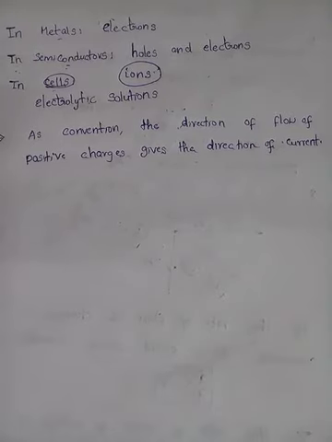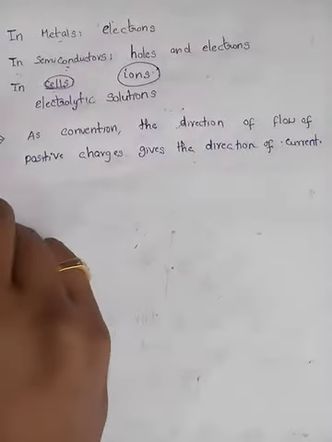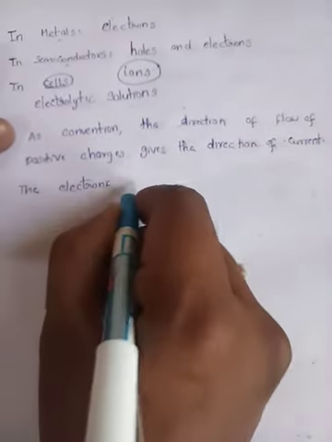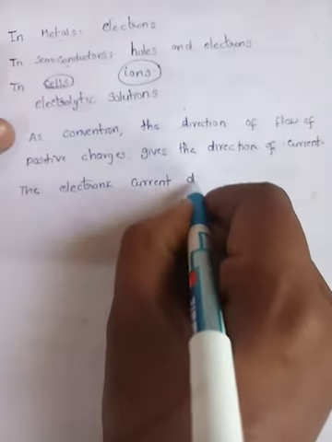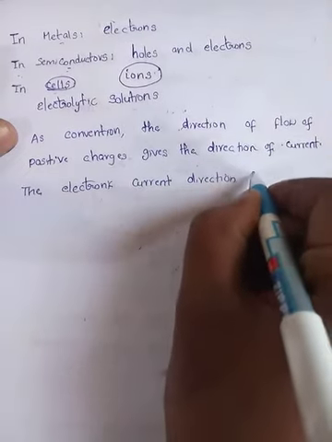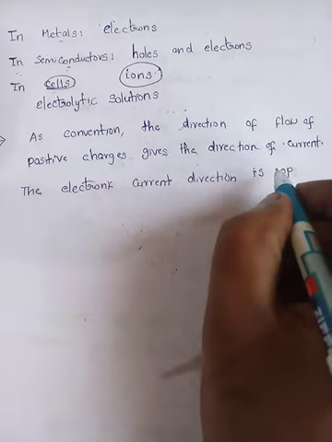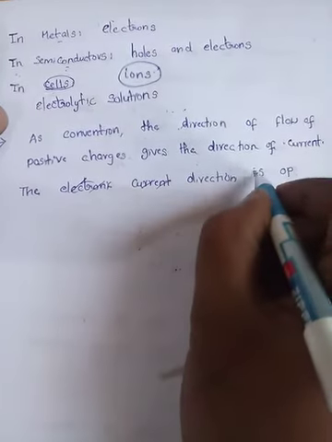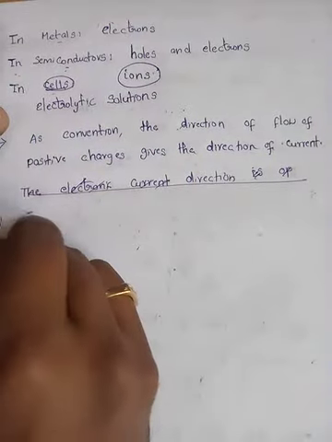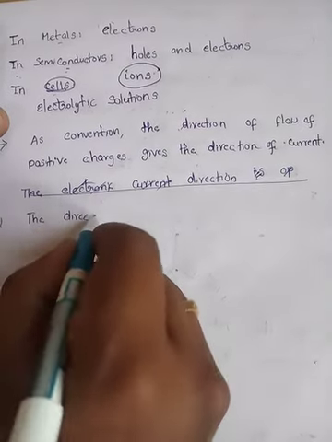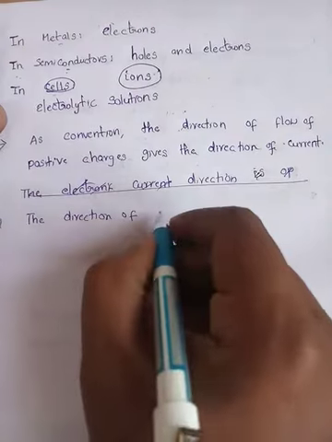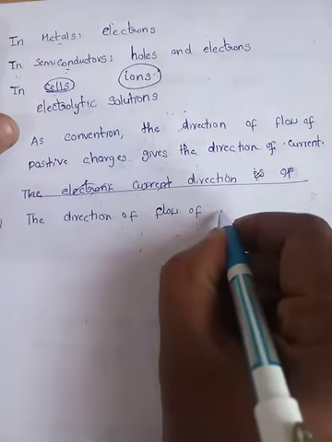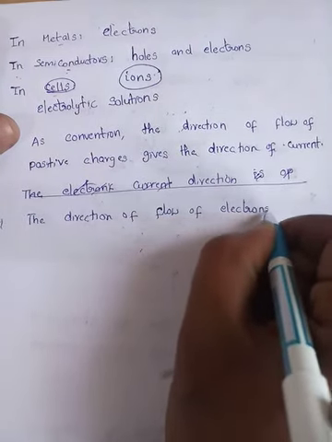Whatever may be the current, due to electron current or any current, the direction of flow of electrons is from where to where?